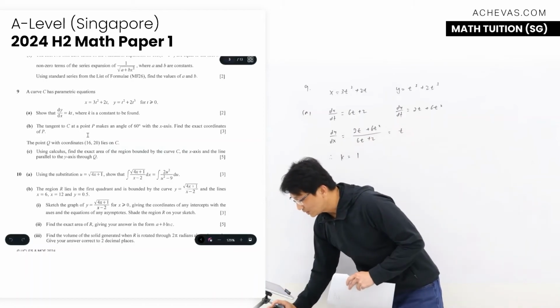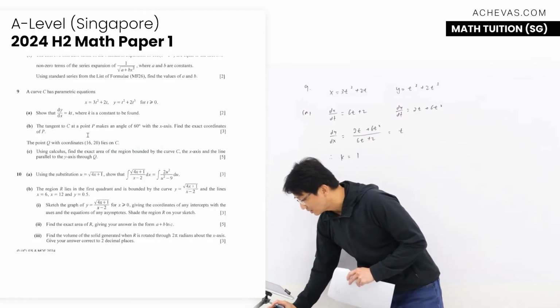For part B, the question says the tangent to C at a point P makes an angle of 60 degrees with the x-axis.